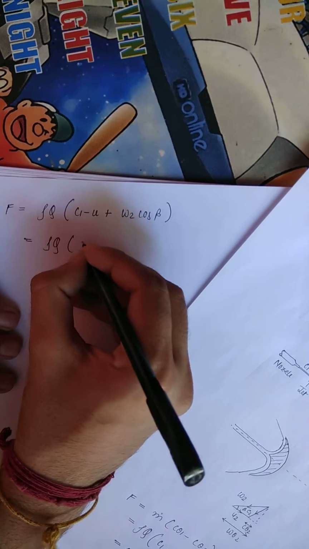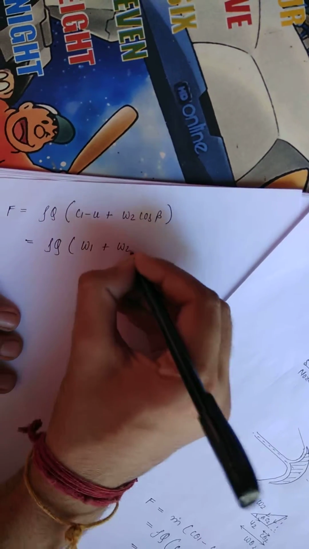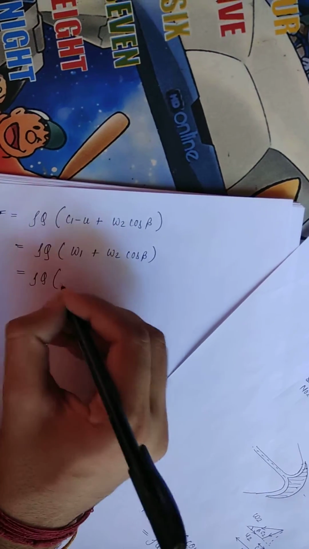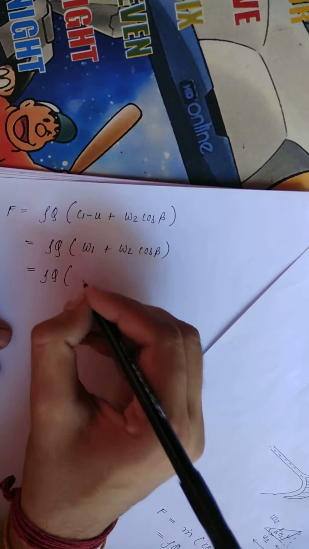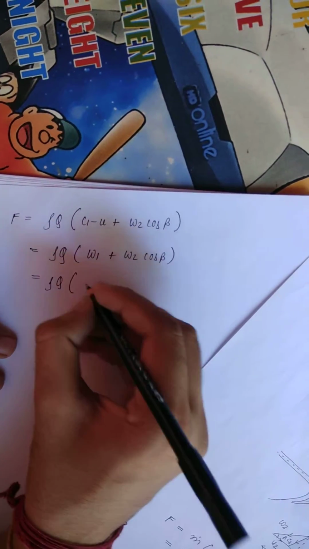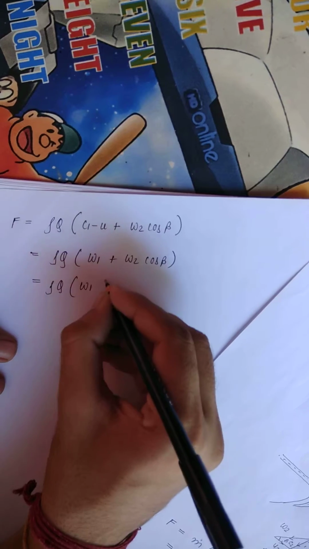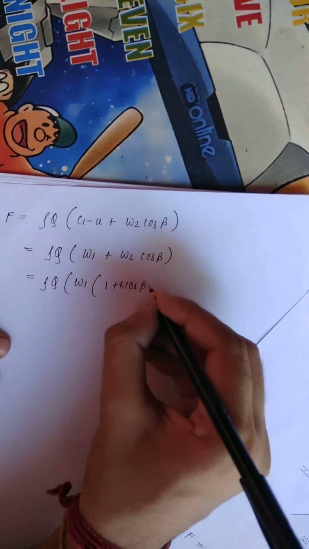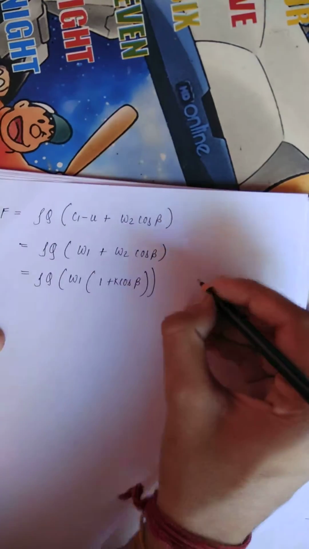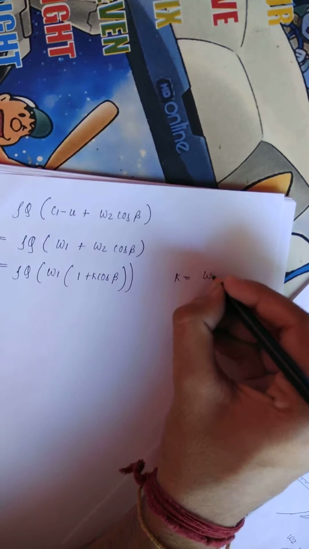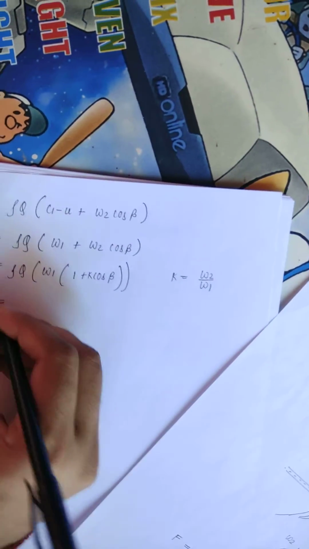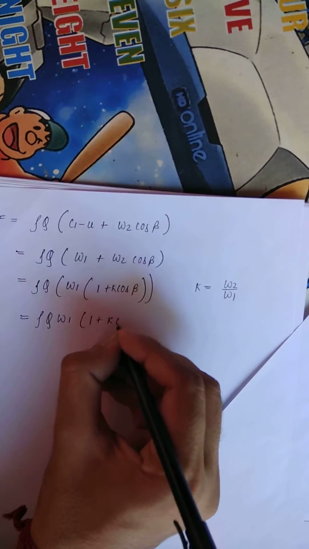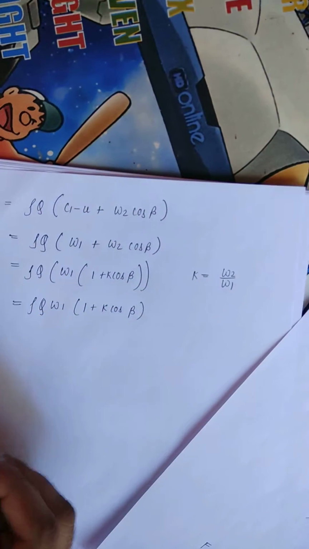So F equals rho Q (w1 plus w2 cos beta), or rho Q taking w1 as common, w1 (1 plus cos beta) in this way, where k equals w2 by w1. So rho Q w1 (1 plus k cos beta).